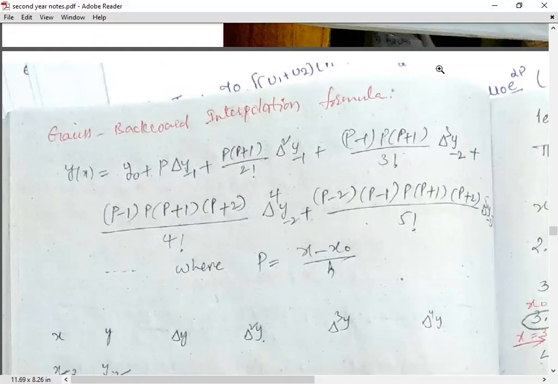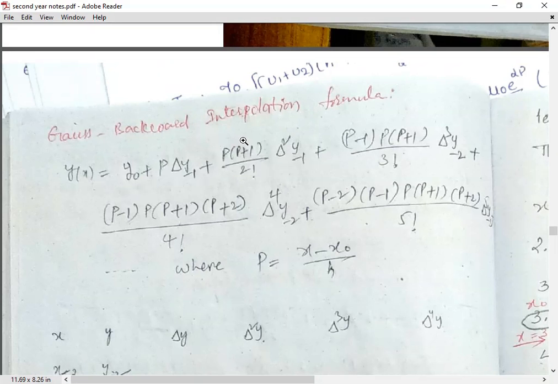Let us see how to write Gauss backward interpolation formula using Newton's backward formula. Gauss backward formula is y of x or y at p is equals to y naught plus p delta y minus 1. For Newton's backward, we get the term p plus 1 by 2 factorial delta square y minus 1 plus.